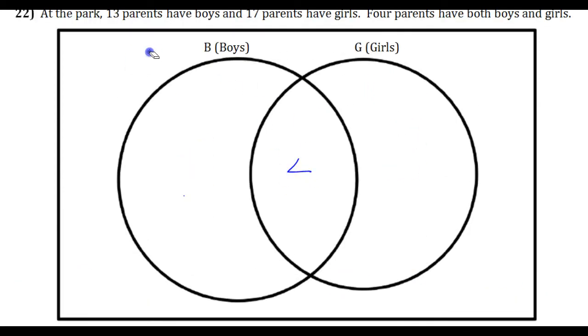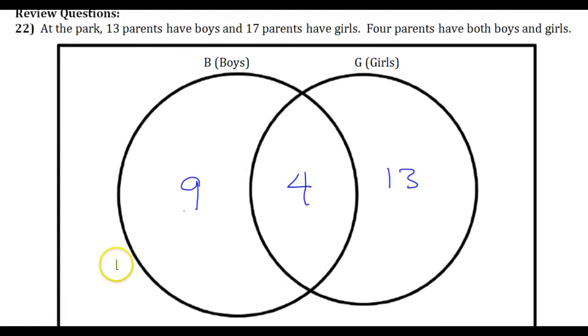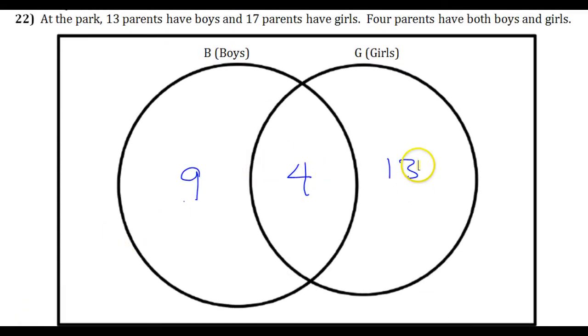Whoa, I didn't mean to erase all those numbers. If you're given G, that means we're definitely in circle G. That means we're talking about only these 2 numbers as the new universe. You can forget everything else that's outside of circle G. This is now the universe.